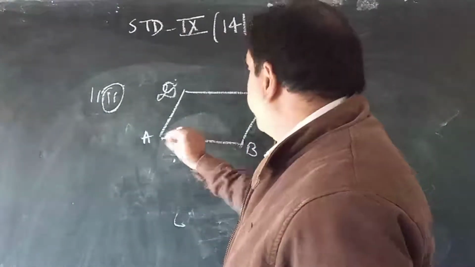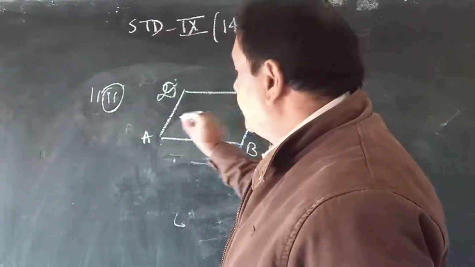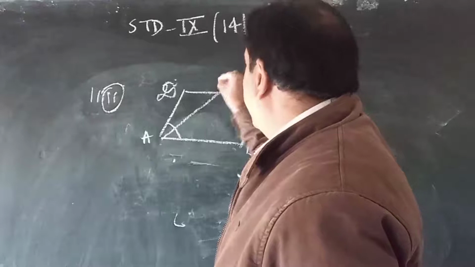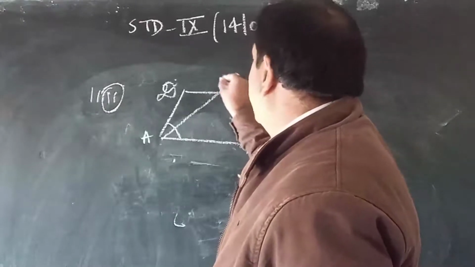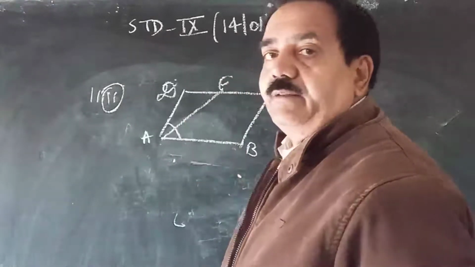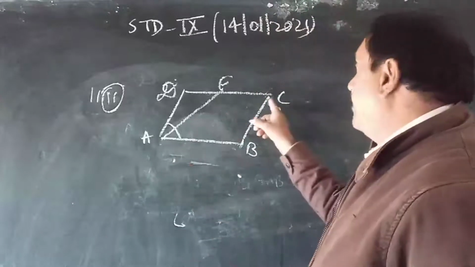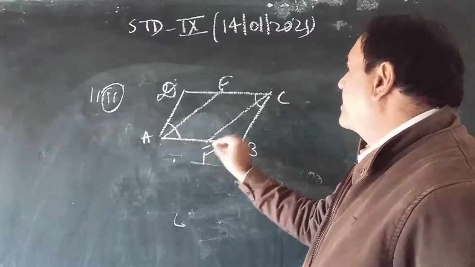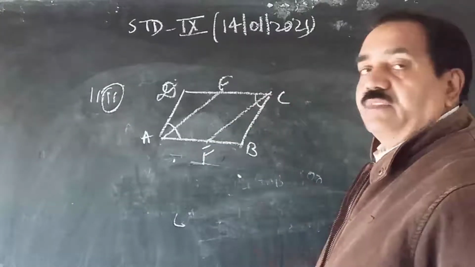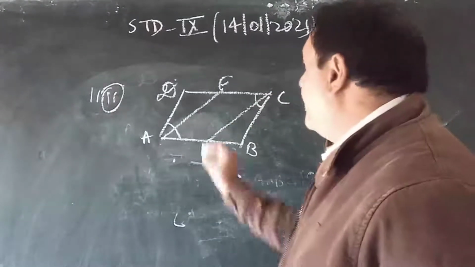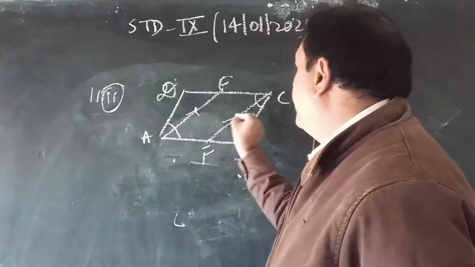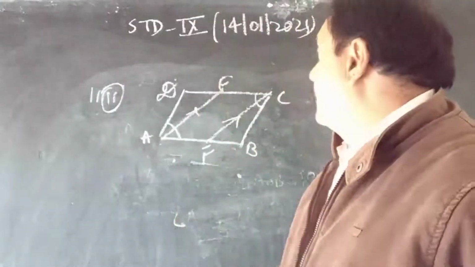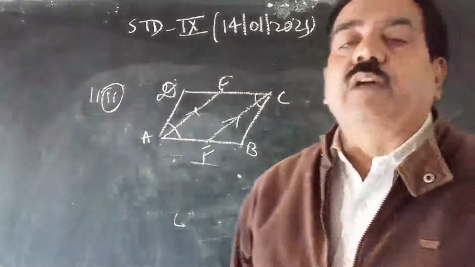This is question number 11, second part; I solved the first part already. So suppose AE bisects angle A, and the opposite angle of A is C, then CF bisects angle C. Then we have to prove that AE is parallel to FC.